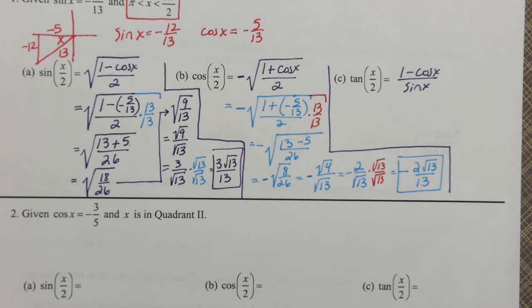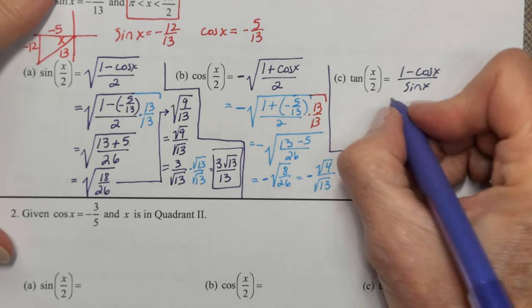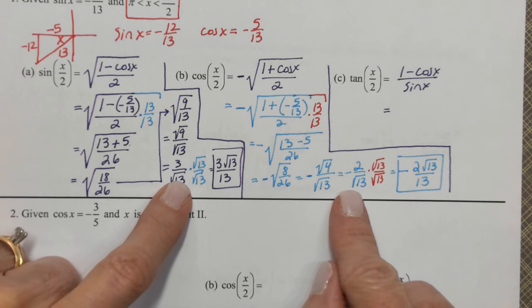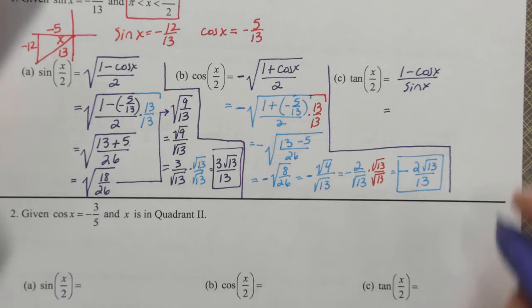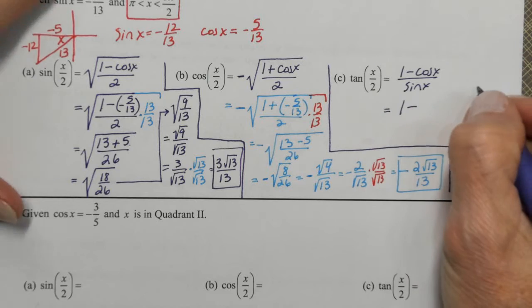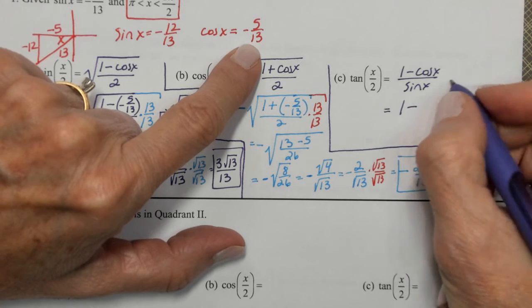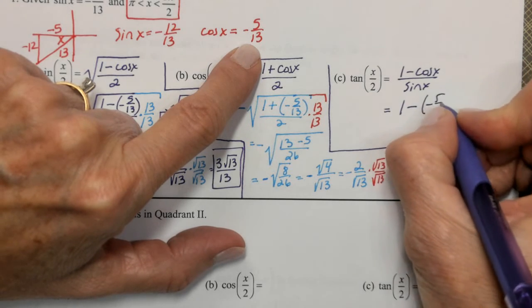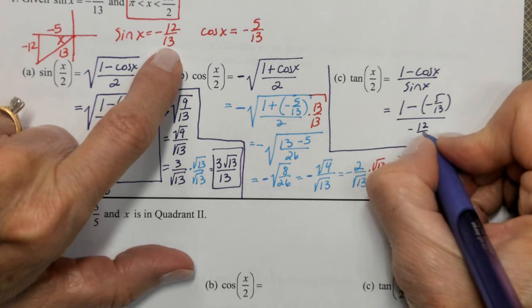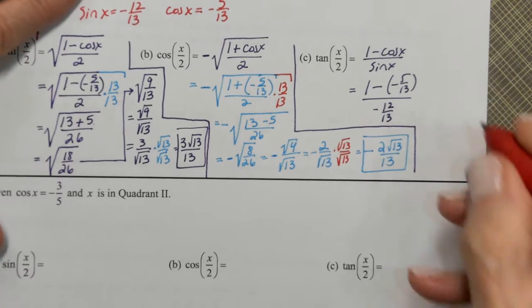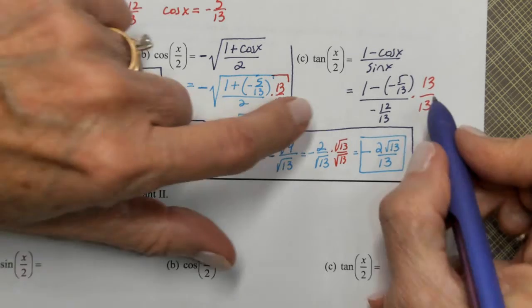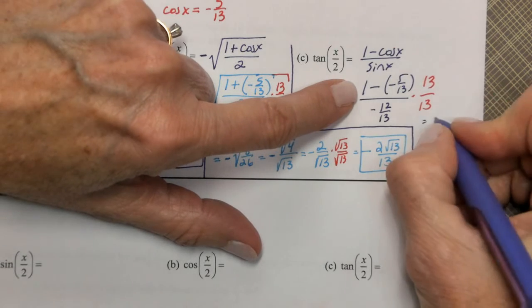One more. Tangent of x over 2. We could definitely use our sine over cosine, but I'm going to show you how to do this with just the formula. So 1 minus cosine of x all over sine of x. I'm going to multiply top and bottom by 13 because that's my little denominator. 13 times 1 is 13.